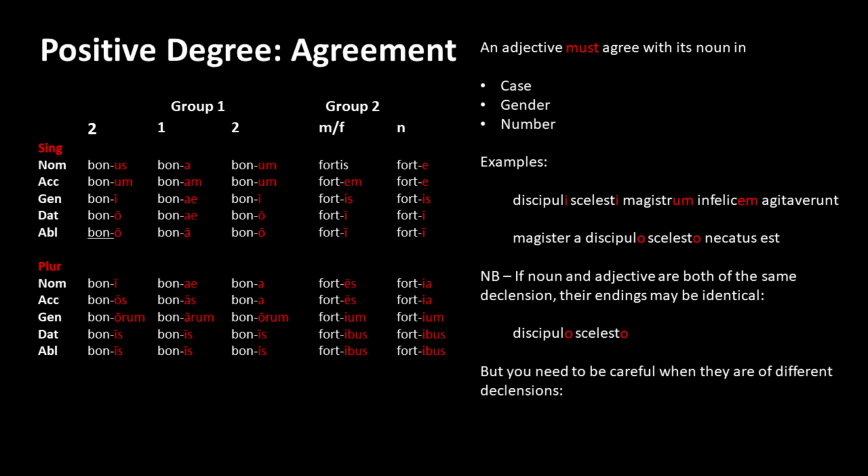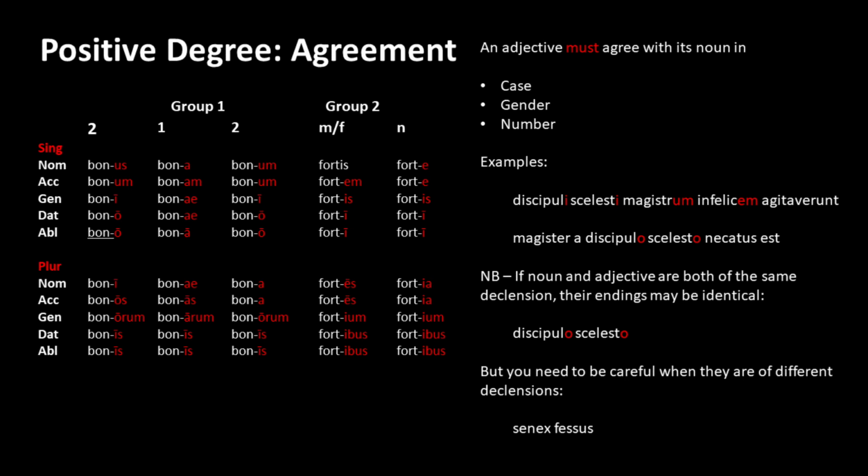But you need to be careful when noun and adjective are of different declensions. Look at senex fessus. I'll repeat that it doesn't matter if the noun is from one declension and the adjective is from a group based on another declension. What matters is the agreement of case, of gender, of number.